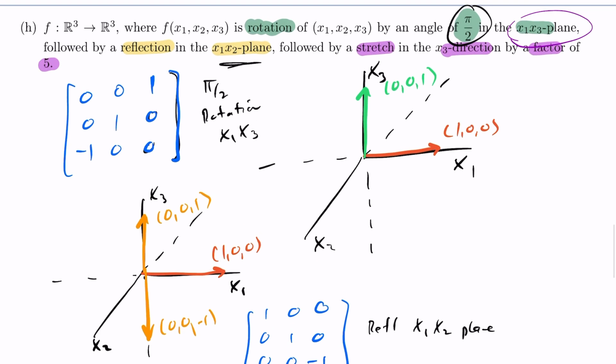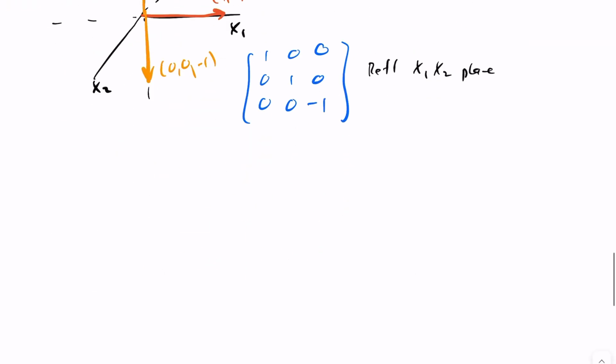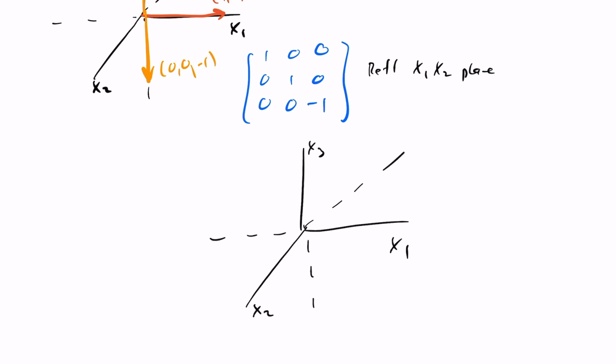And lastly, we have a stretch by a factor of 5 in the x3 direction. Again, draw yourself a little diagram if you need to: this is x1, x2, x3. If you take a look at the vector 1, 0, 0 and stretch by a factor of 5 in the x3 direction, nothing will happen.